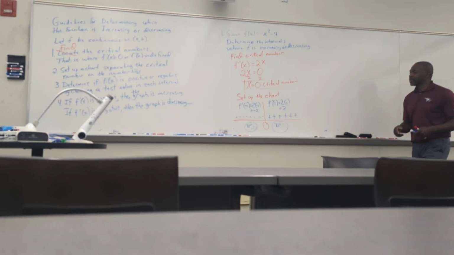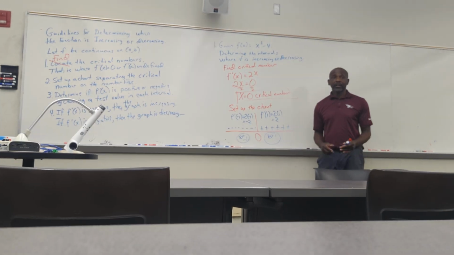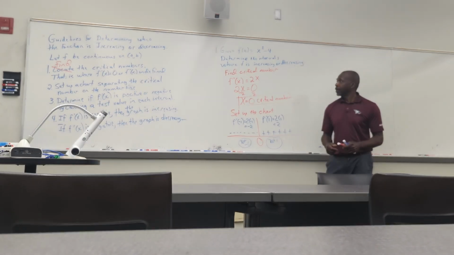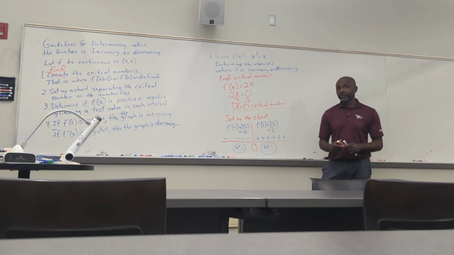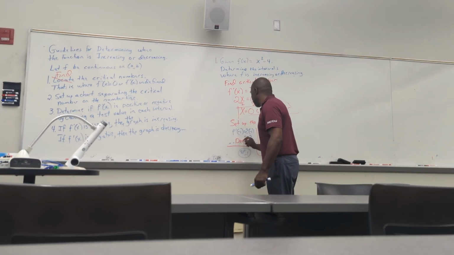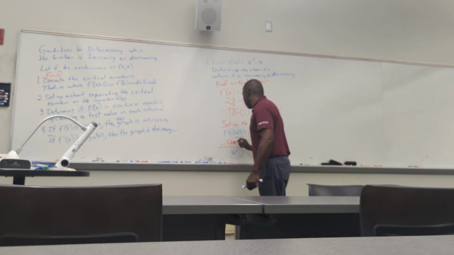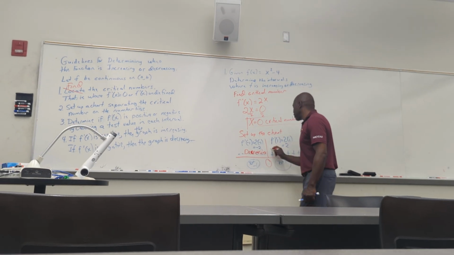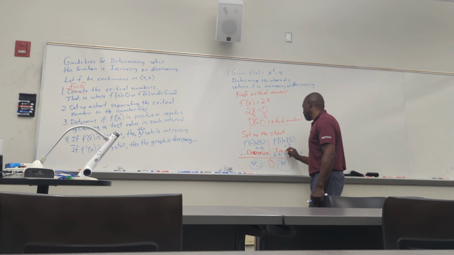So on this side of 0, what's the graph doing? Decreasing. So on this side, you know the graph is decreasing. And on the other side of the graph, what's it doing? It's increasing.